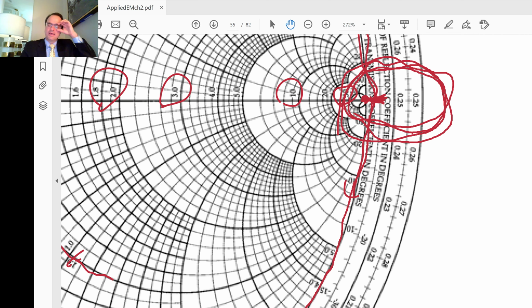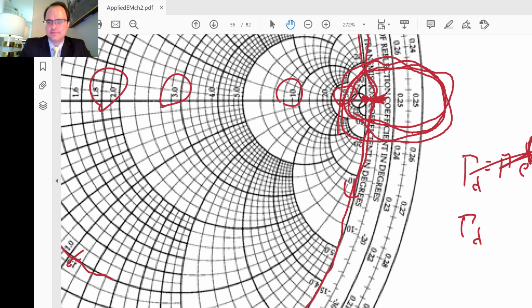That's why, if we wanted to go along the line and calculate the phase shifted reflection coefficient, let me write this over here: theta d is equal to theta r e to the j minus 2 beta d.